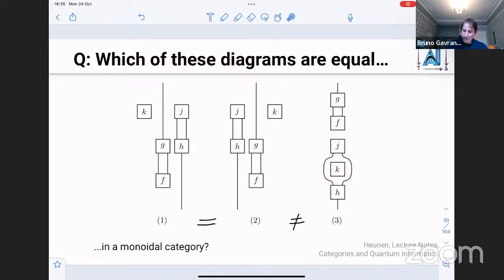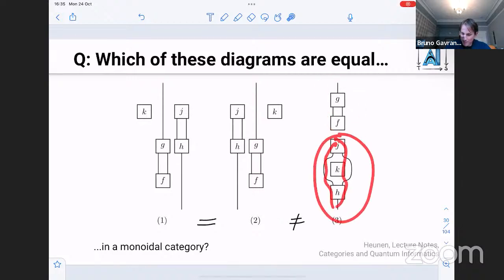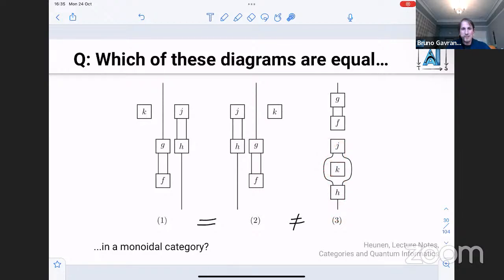So it is not possible to get this k, and this is really the issue, right? We can move this guy around and this morphism around, but the problem is that k is inside the other morphism, and we can never get it out. There is no way to get out the k.